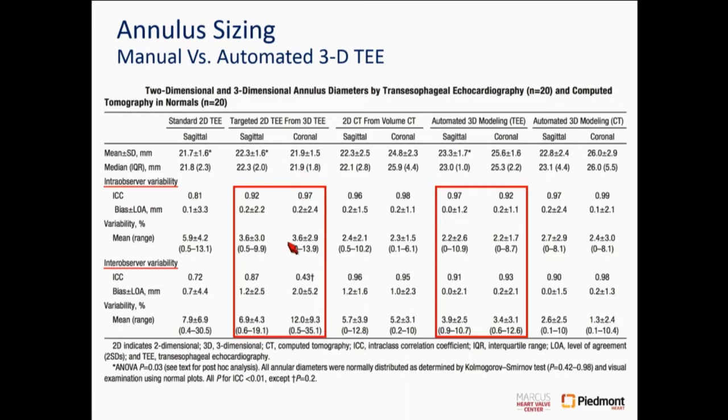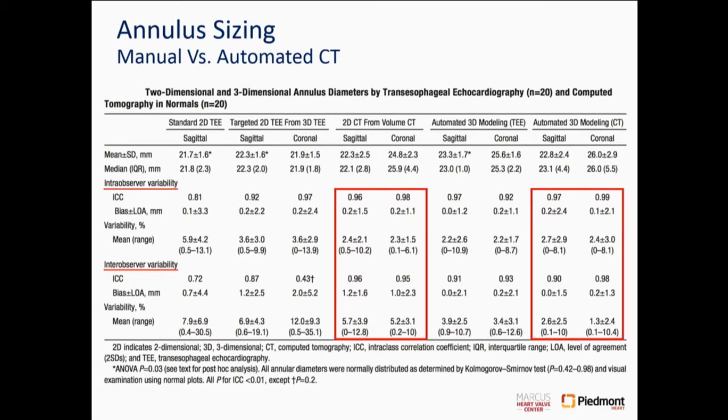This is manual here, this is automated. If you look at the variability data here versus here, you can see it's a very big advantage of using an automated approach for 3D TEE. This benefit is also seen with CT. This is the current practice for CT, manual measurements, 2D measurements from a volume data set. And this is automated 3D modeling from CT.